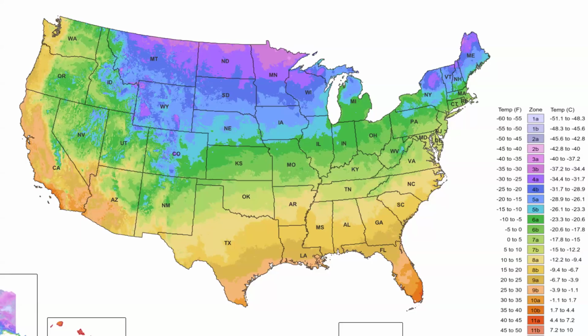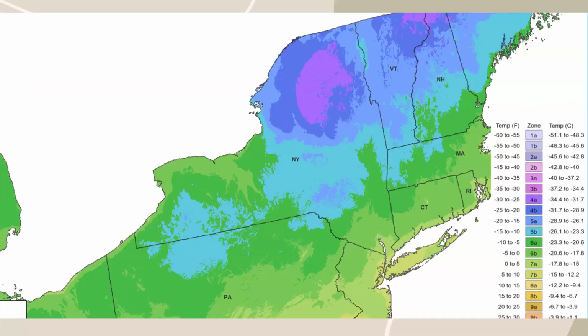So this is a map of the total US showing these different hardiness zones. A lot of that follows through on just where the wind currents come, what kind of environments we have, mountains, plains, whatnot. And falling into a little bit closer to where we are, you can see that we get a little bit of that 5B and that 6A. We really fall between that category. So that's helpful to know for what?